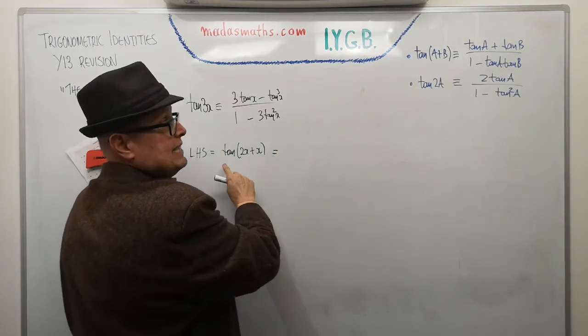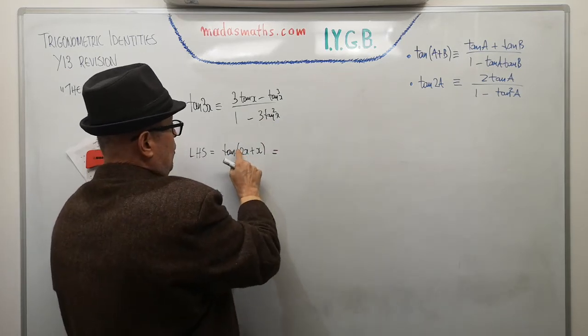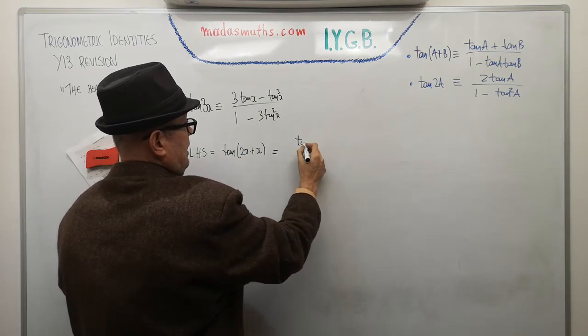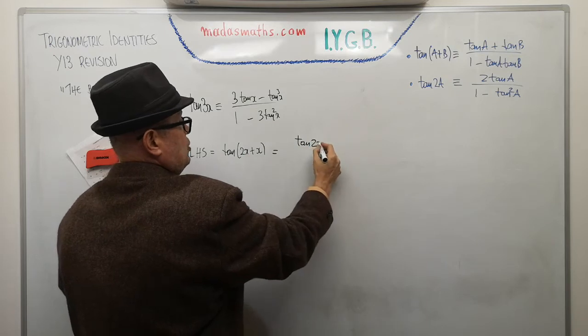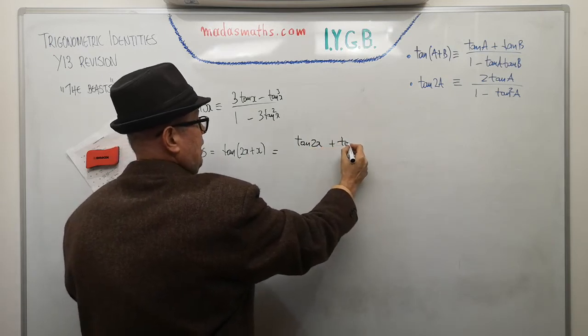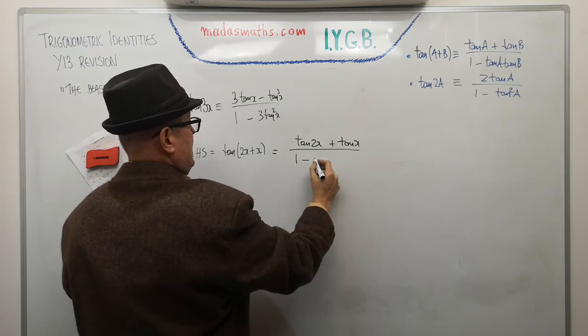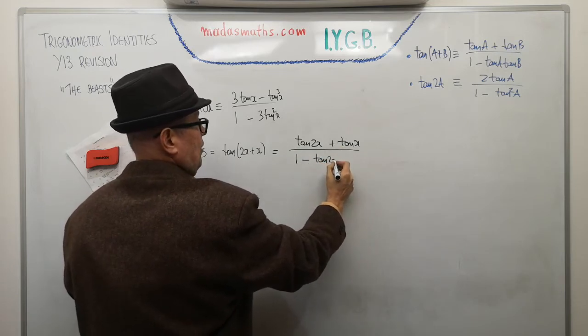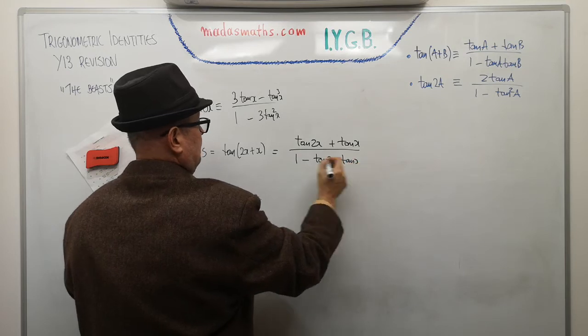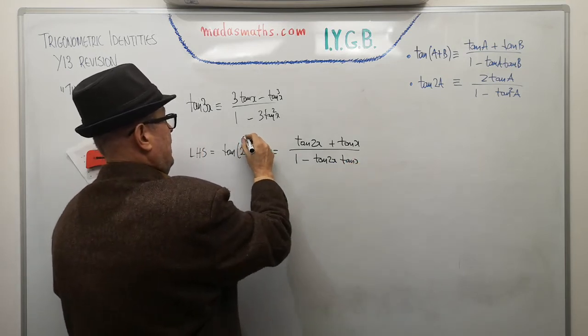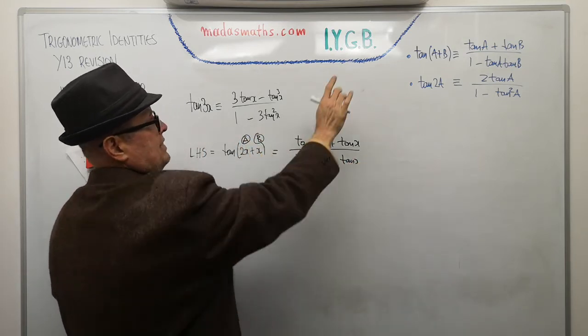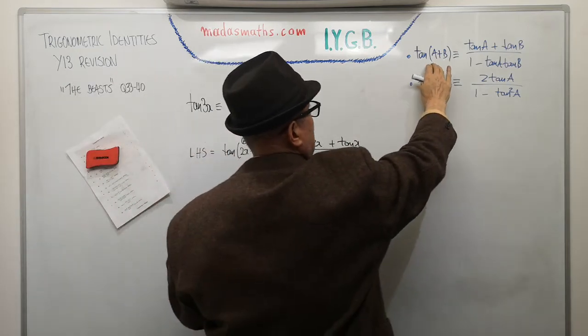So first of all, I'm doing the tan of A plus B, where this is now the tan of A, which is 2x, plus the tan of B, tan of x, over 1 minus the tan of 2x times the tan of x. So this is my A, this is my B.